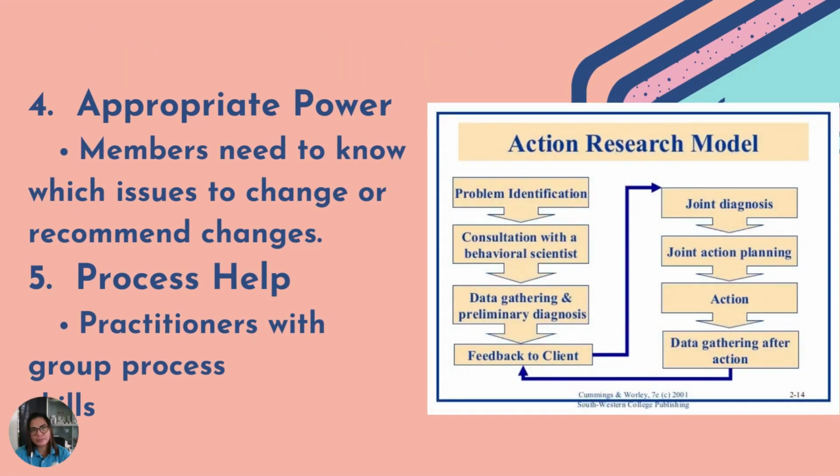And the fourth one is the appropriate power. So members need to know which issues to change or recommend changes, because it is important to clarify the power possessed by the group.